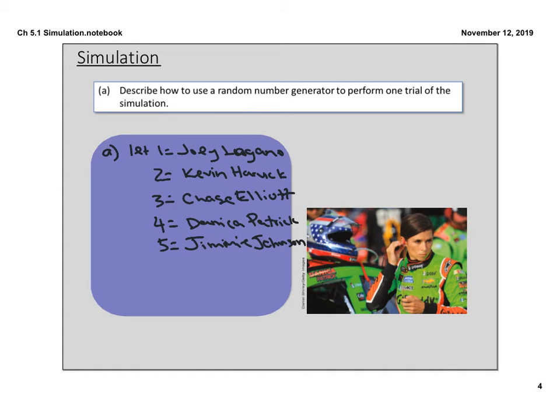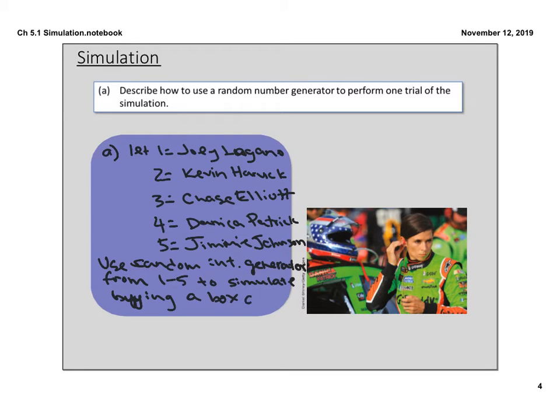Then I'm going to use a random integer generator from 1 to 5 to simulate buying a box of cereal and what card I will get.